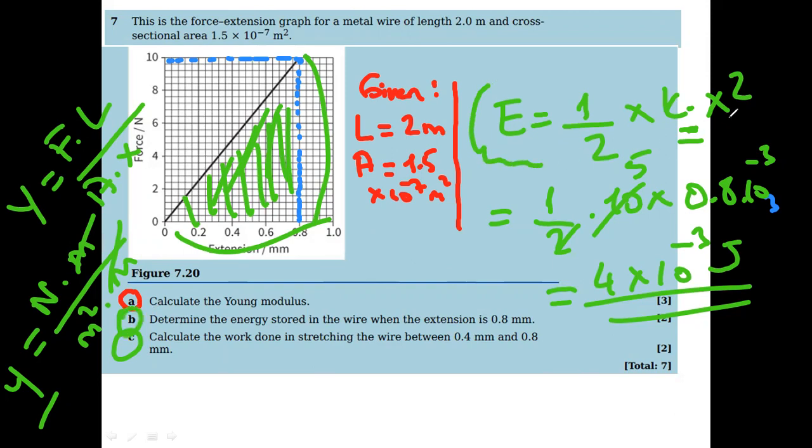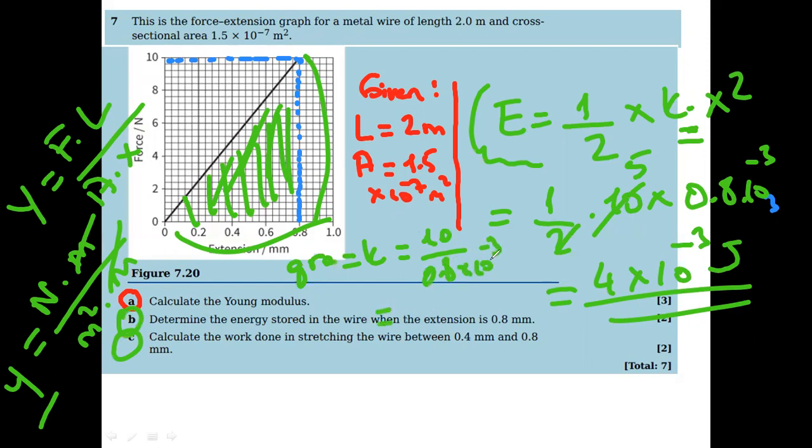E is equal to 1/2 times K times X squared. And I can easily get K by using the gradient. We know that the gradient in the Fx graph is going to give us what? Spring constant. So the gradient, or spring constant, is equal to 10 divided by 0.8 times 10 to the power minus 3.